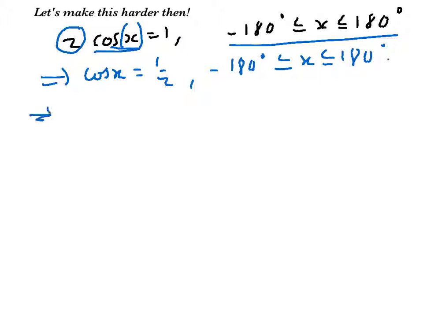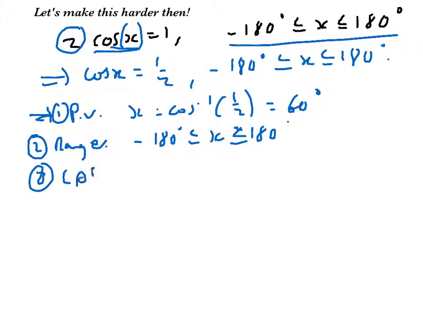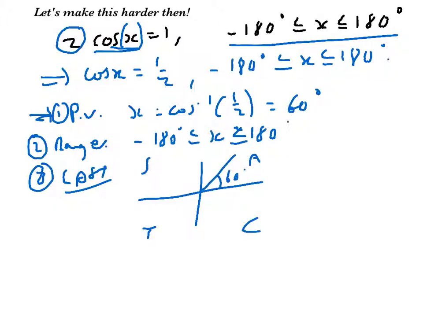So let's quickly do this, okay? Principal value, PV, x equals cos to the minus 1 of a half, which equals 60 degrees. That's step 1. Step 2, range, minus 180 to 180. Step 3, cast, all silly Tom cats, 60 degrees, positive.